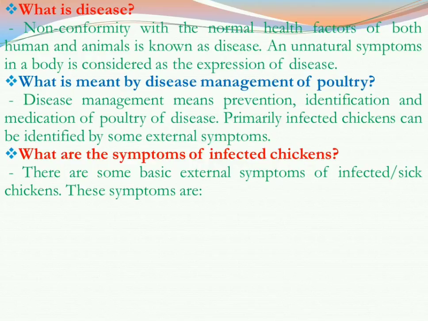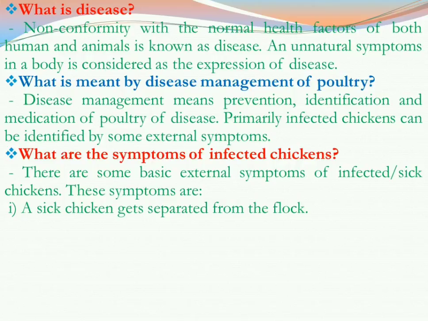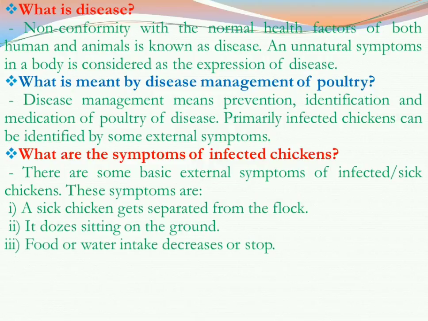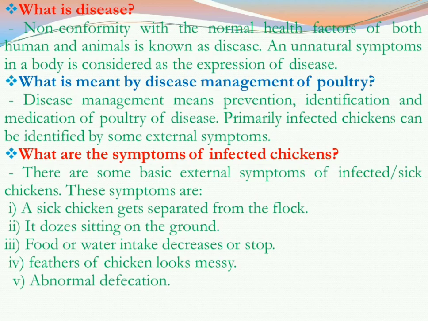These symptoms are: a sick chicken gets separated from the flock, it dozes sitting on the ground, food or water intake decreases or stops, feathers of the chicken look messy, abnormal defecation. So these are all the symptoms of infected chickens.